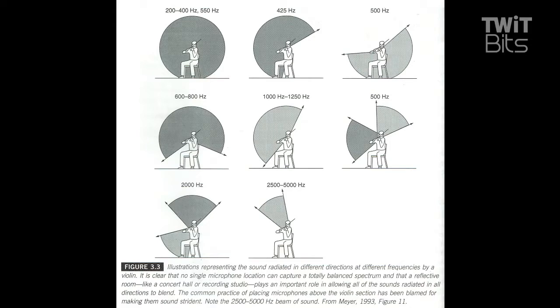So the concept here is that the directivity of a sound emitting object, whether it's a violin, a loudspeaker or a person talking, is largely determined by the size of the wavelength of the sound being emitted.